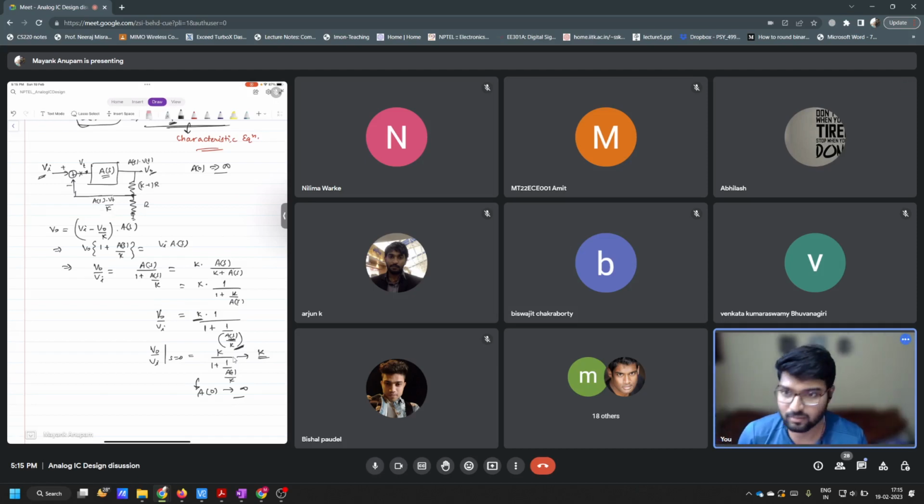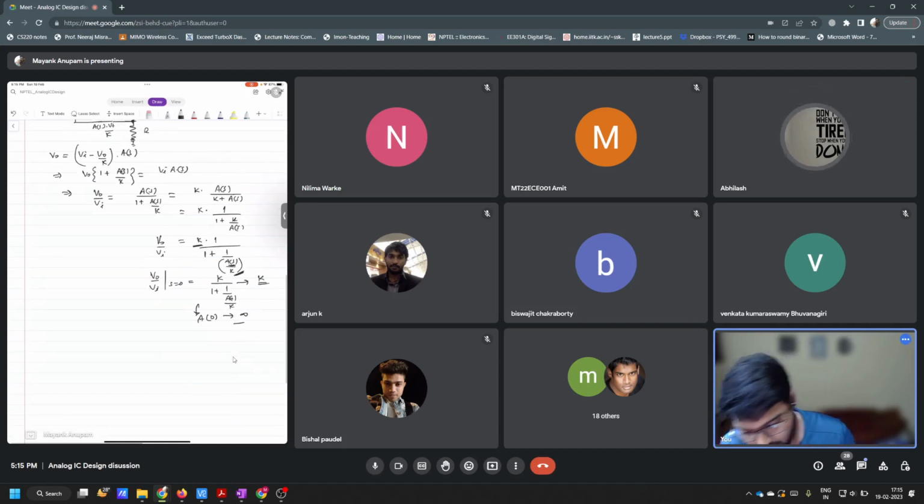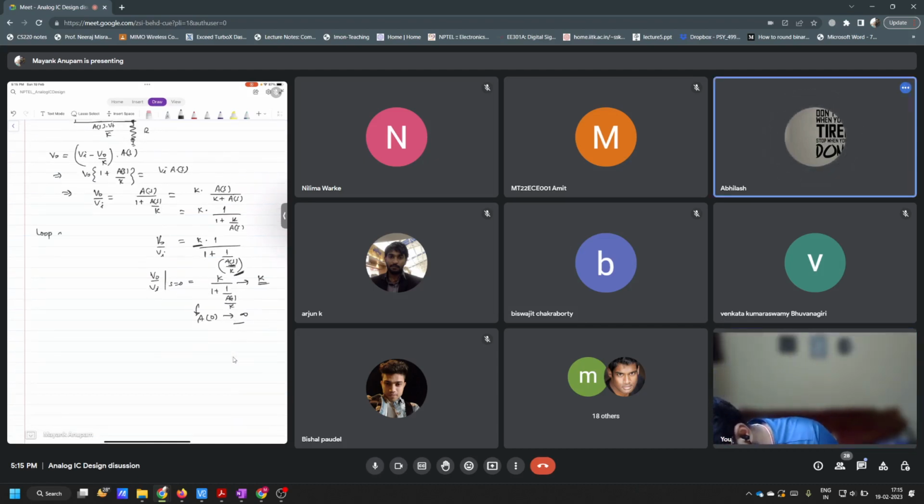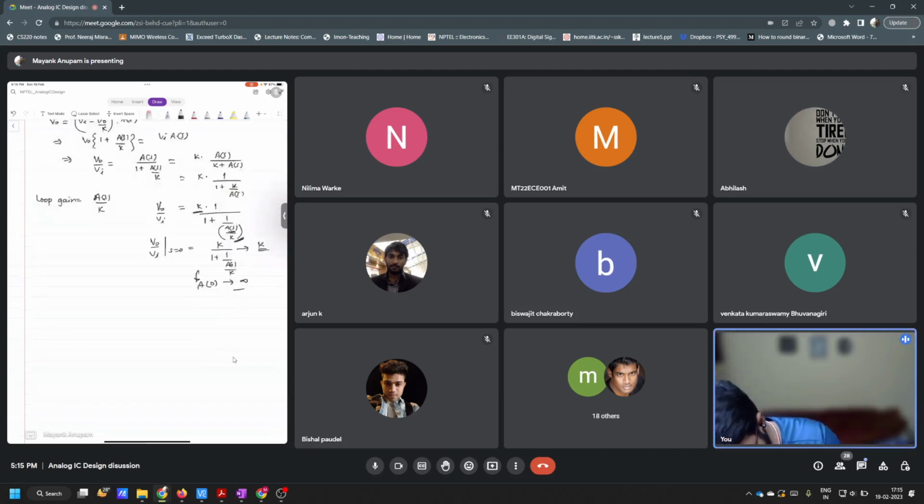Is that clear? Correct. So your loop gain was A of S by K. So this term here, V naught by Vi, can also be written like this. This is equal to ideal DC gain divided by 1 plus 1 over loop gain, isn't it?